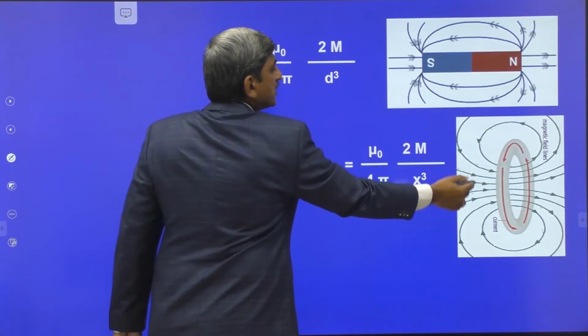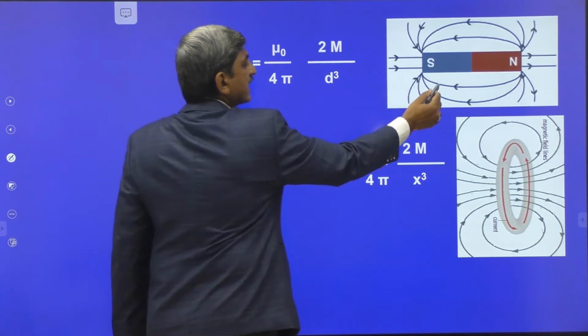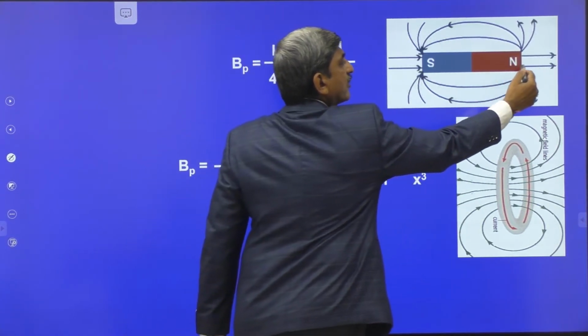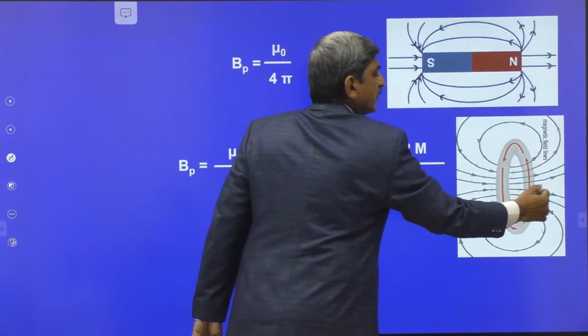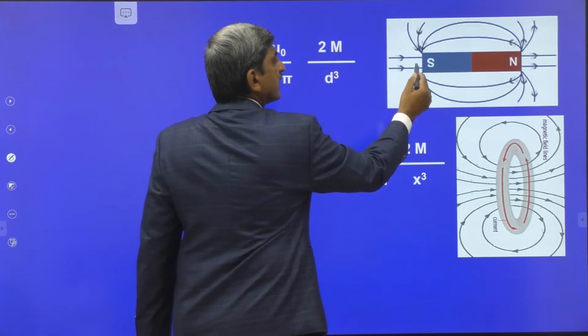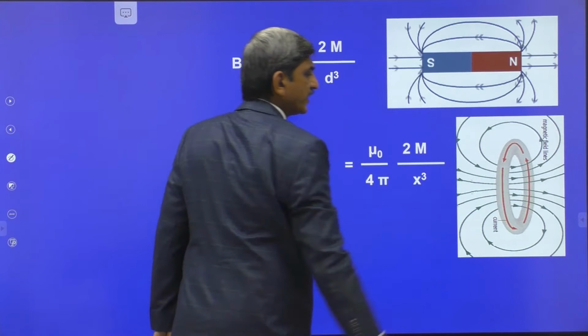Now, let us see these two diagrams. Is there any similarity? It is producing the magnetic field. It is producing the magnetic field. Here the lines of force are coming out from the north pole. Here the lines of force are coming out from this face. Whereas here the lines of force are entering into the south pole and the lines of force are entering into this face.